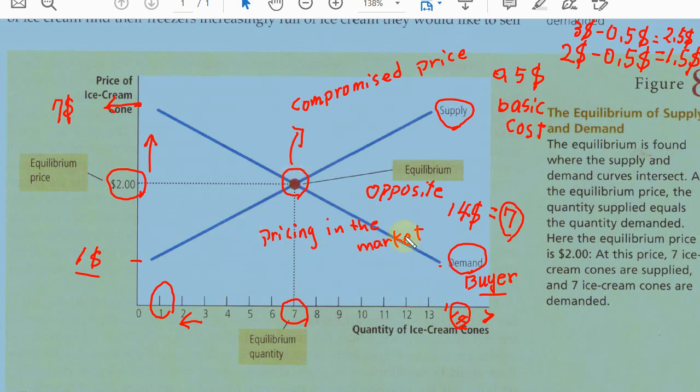So we call this the invisible hand, the magic hand, by Adam Smith.